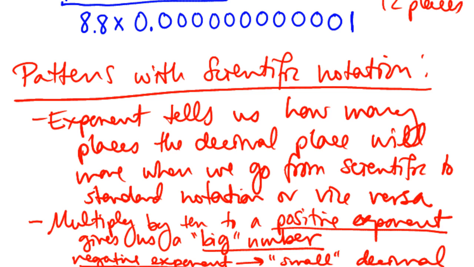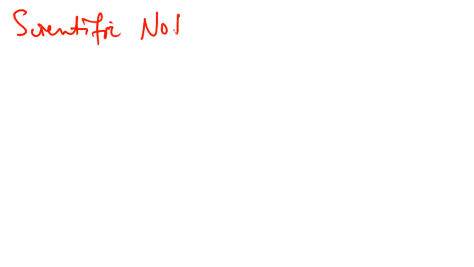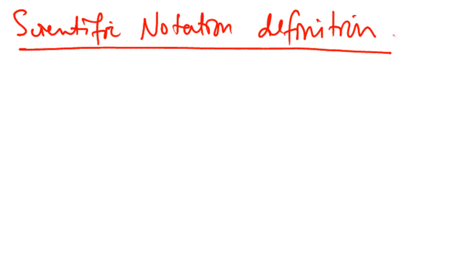So we'll go ahead and start a new page. Let's write down the formal definition of scientific notation, so that we have it. We've pretty much already stated it, but let's write it down.